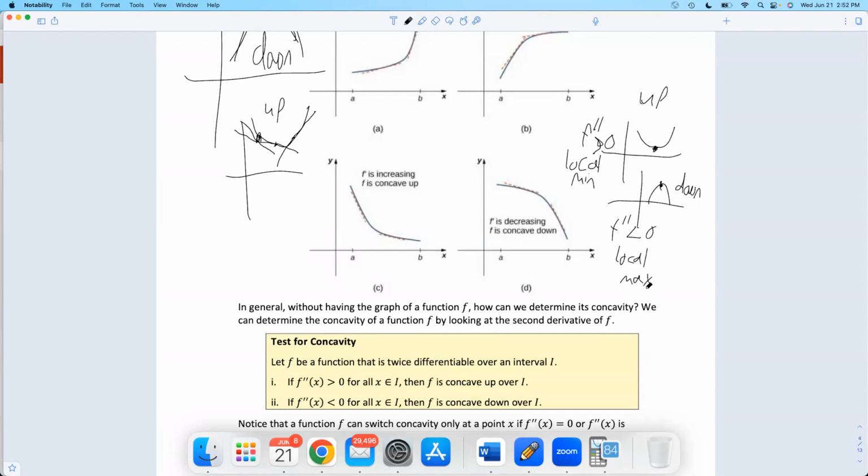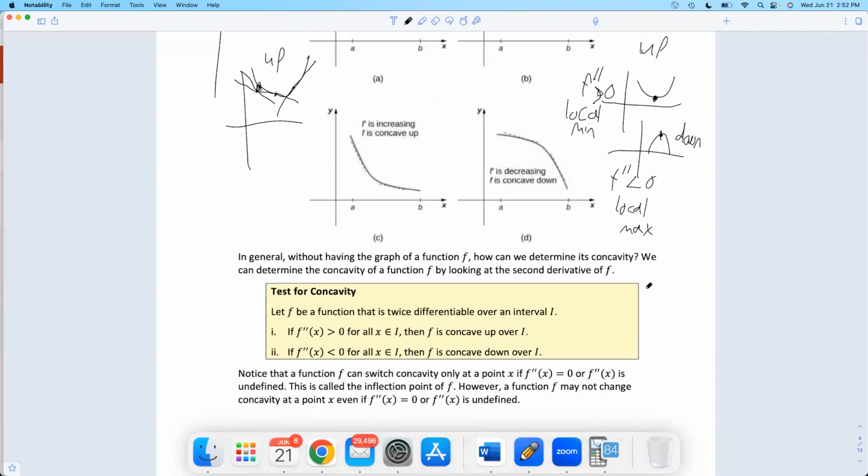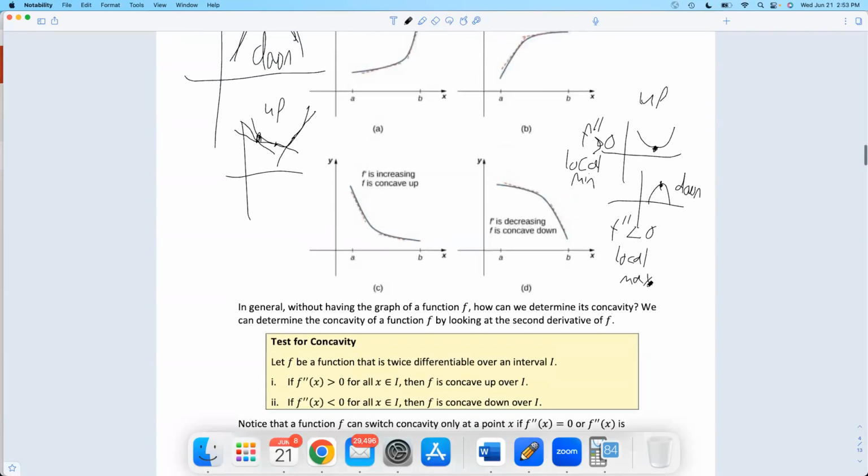I don't know. It always seemed to me like you would expect it to go the other way, that you would expect something positive to go with a max, but it's not. That's called the second derivative test. Of course, you never, ever have to use the second derivative test.